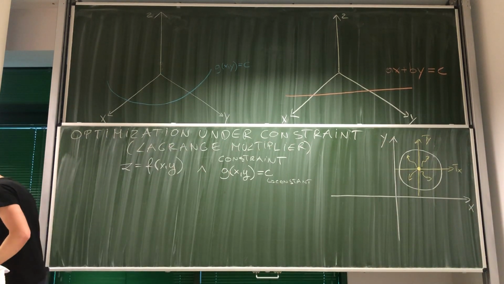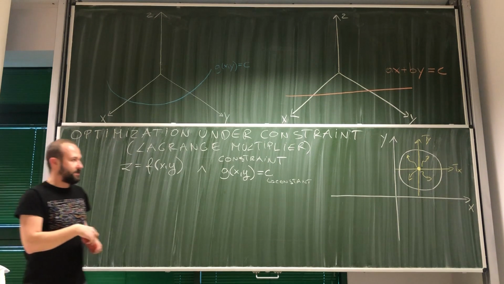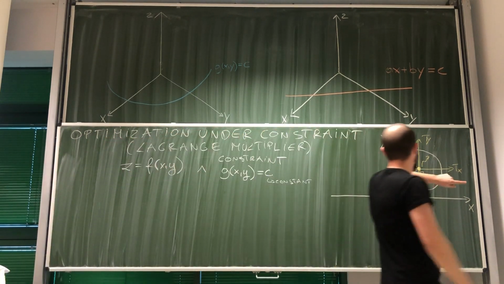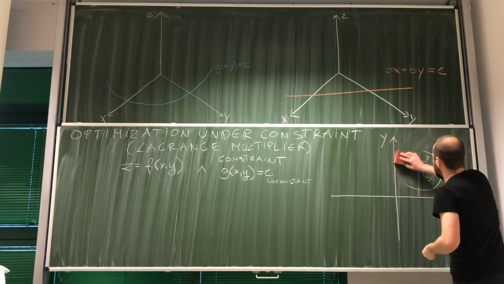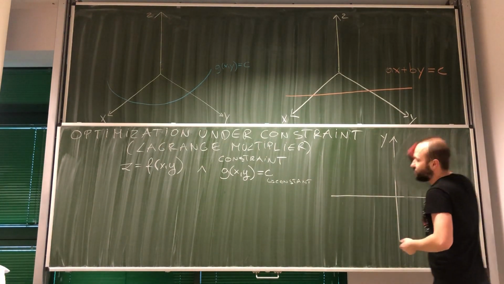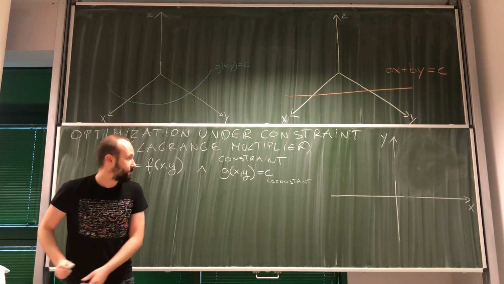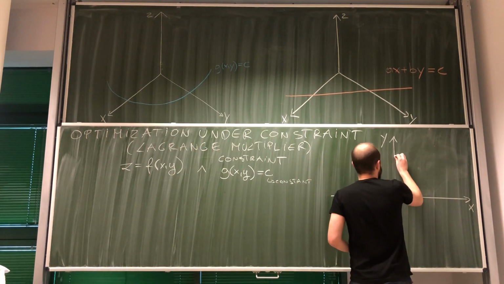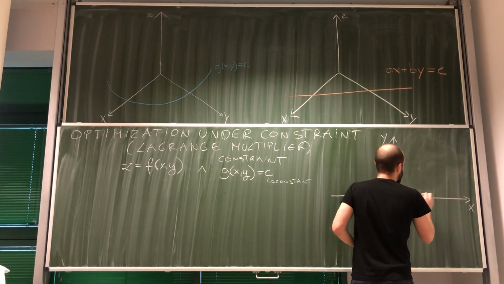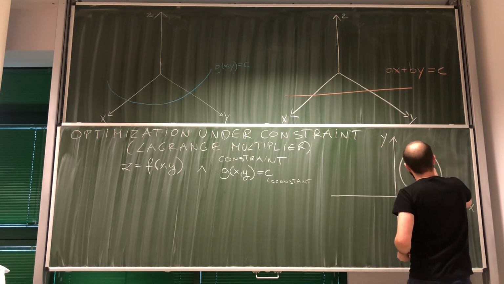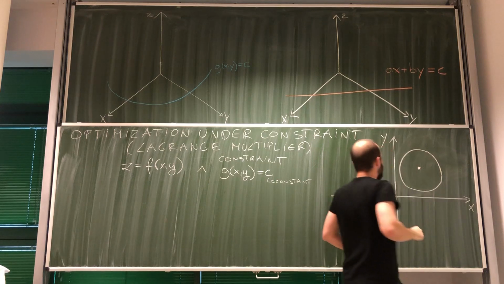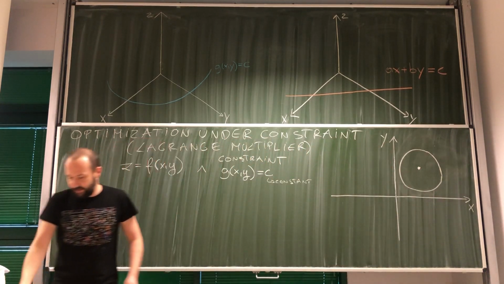Okay, so knowing this, let's just say that we have located this point, and we know that this is exactly this point. Okay, I will need to draw some other stuff, so I need to erase this. Okay, now, let's just say that we know that this point is the highest.